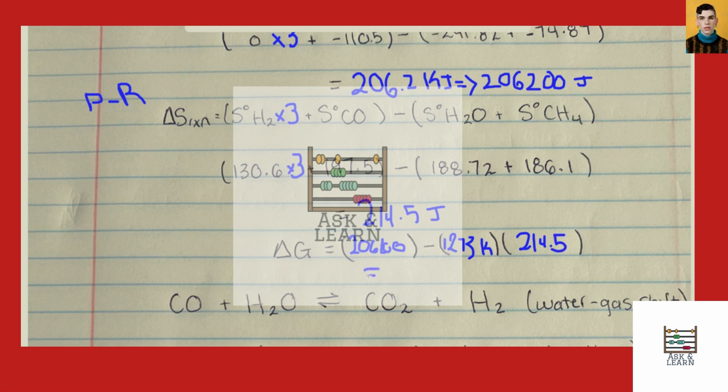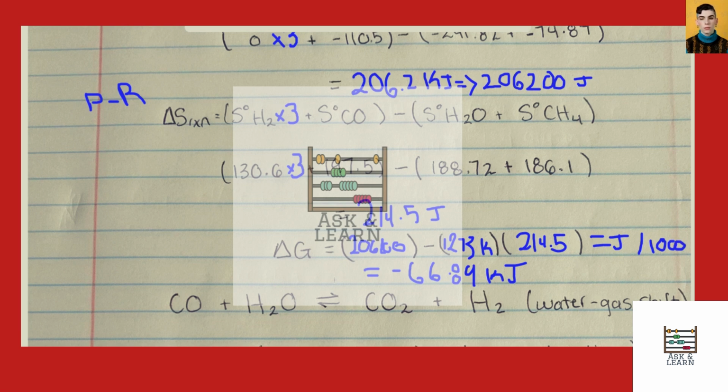That should give you a delta G value of negative 66.89 kilojoules. Doing this calculation will give you the value in joules, so I just divided by 1,000 to get kilojoules, just in case you're getting confused on that step.